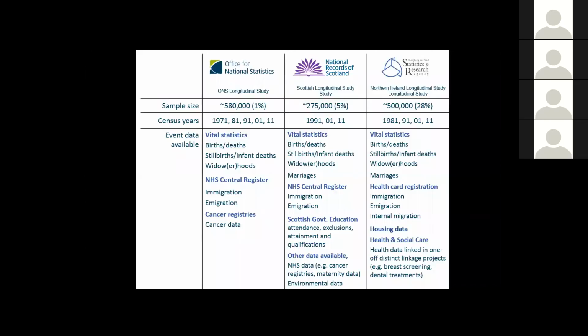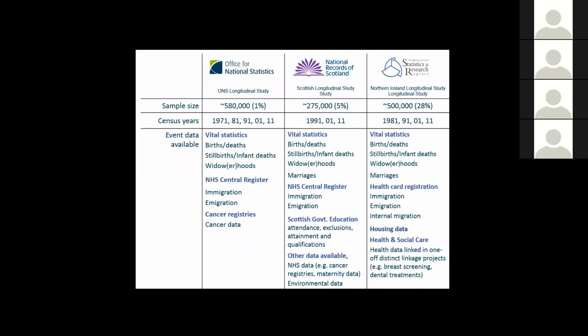So here's a bit more background information on the longitudinal studies in each of the countries across the UK. So we have the ONS longitudinal study in England and Wales, the Scottish longitudinal study, and the Northern Ireland longitudinal study. And you can see some differences between them. So, for example, the sample size varies across these samples, reflecting the different sizes of countries.